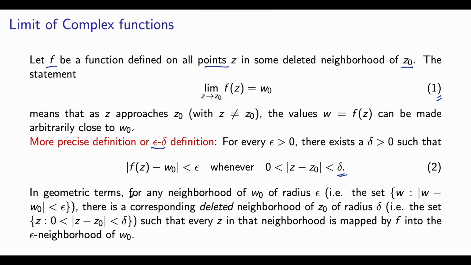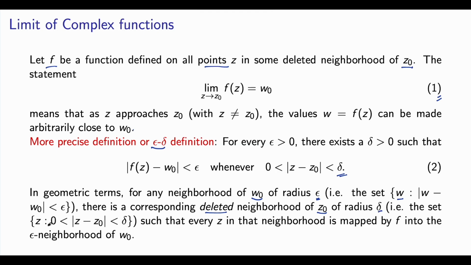So in geometric terms, for any neighborhood of w naught of radius epsilon, that means the set of w such that modulus of w minus w naught is less than epsilon, there is a corresponding deleted neighborhood of z naught of radius delta.